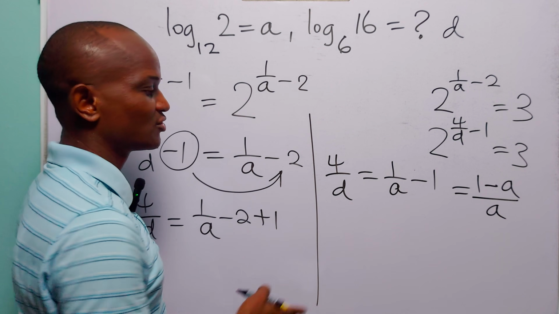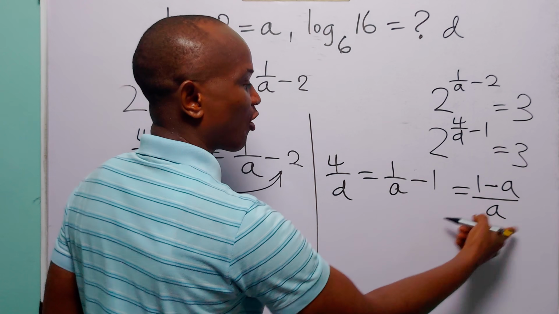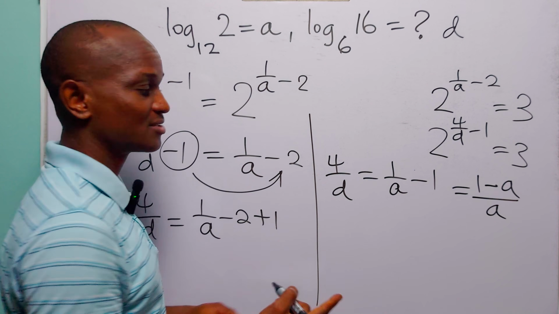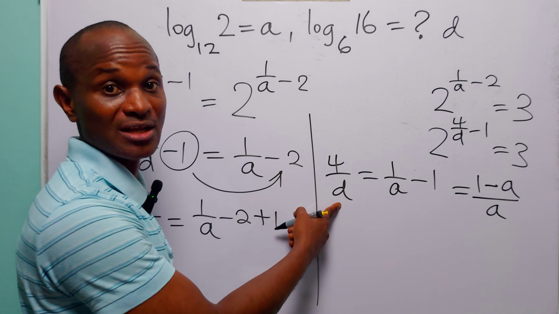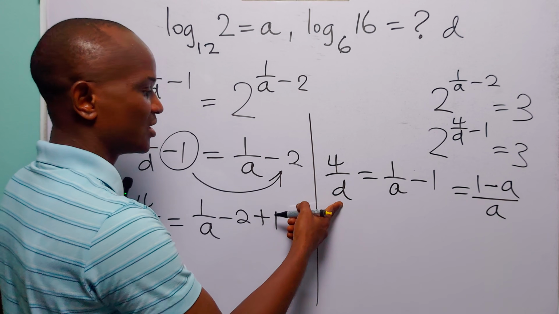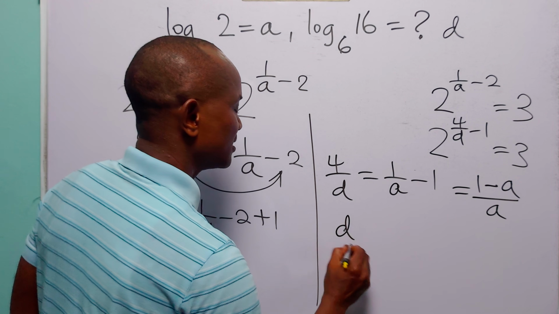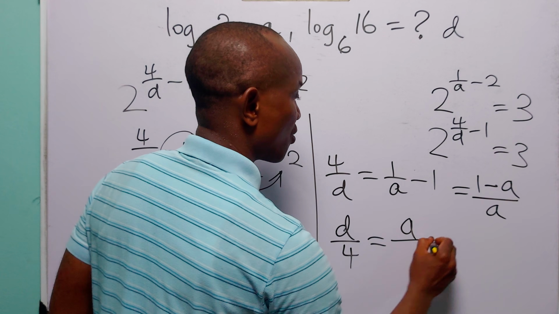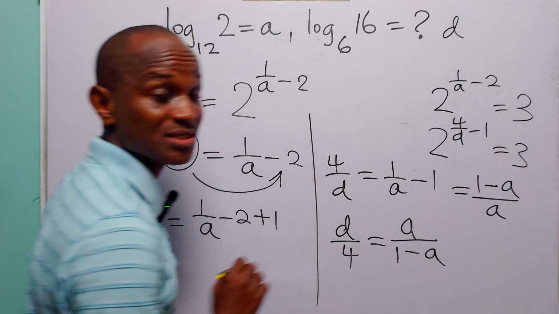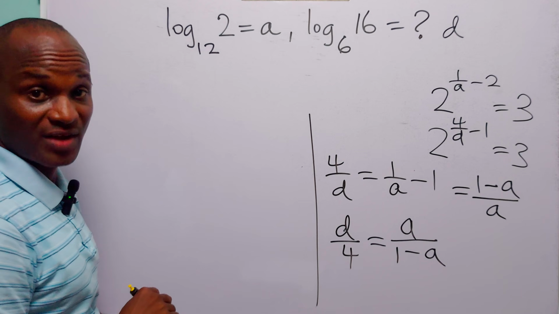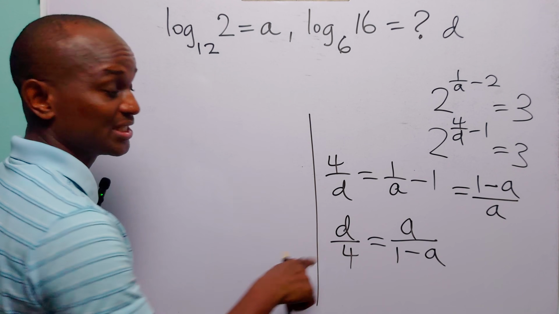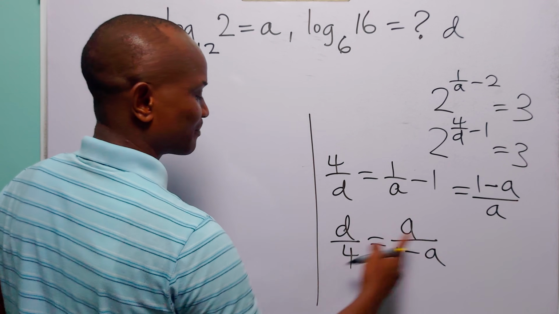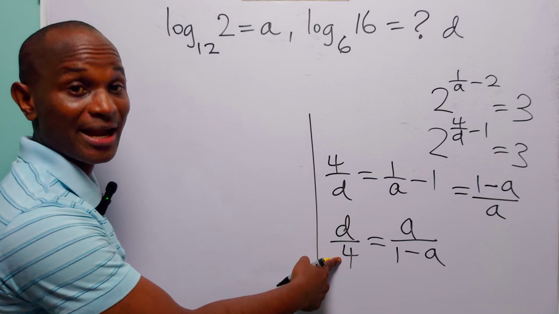Now, the next thing we are going to do is to take reciprocal of both sides of the equation. That is, we simply flip both sides of the equation upside down. So here we now have d over 4. And here we have a over 1 minus a. And finally, to find the value of d, all we need to do is to multiply both sides of this equation by 4.